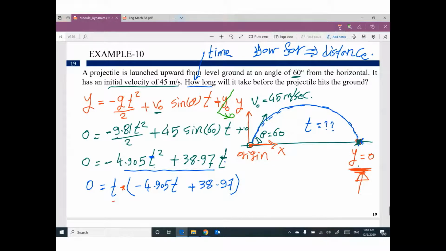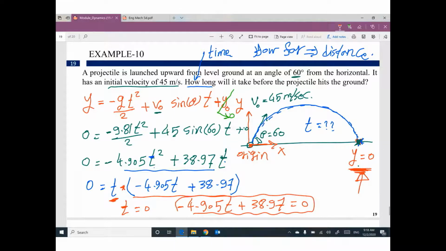If you have two numbers or two terms multiplied together and the final answer is 0, one of them may be 0. So the first term t probably equals 0. And the second term, negative 4.905 t plus 38.97, probably this term equals 0. From this expression, the only unknown is t, which will be positive 7 or 8 seconds.